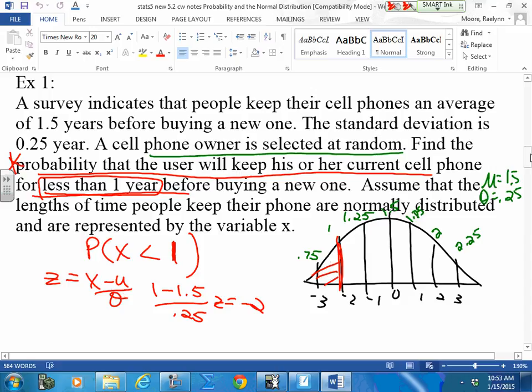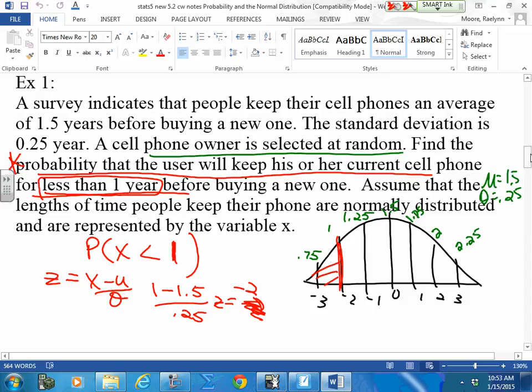I look up in my table the area to the left, which is what my table says. So what area to the left do you find of negative 2? I subtracted the x minus the mean over the standard deviation, 0.25. This says negative 2.